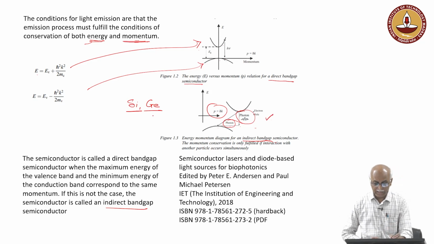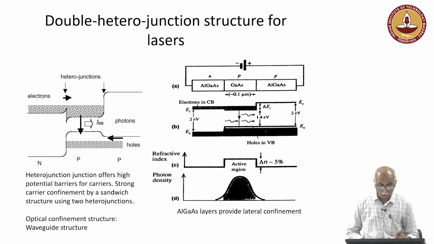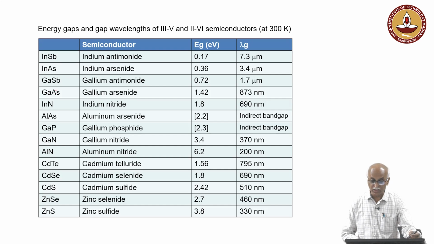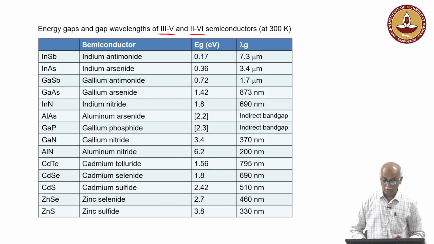So, we are not using such materials, but we use some different materials which can allow light emission. Maybe I will show you the list, then we will come back to this. So, there are various such group 3-5 and group 2-6 semiconductor materials in the periodic table.